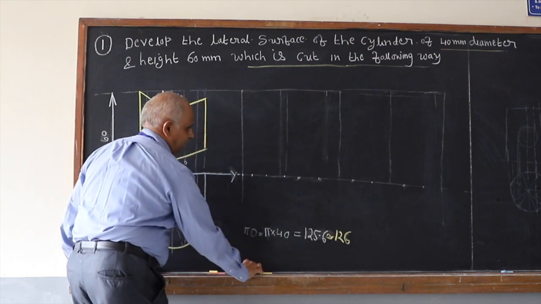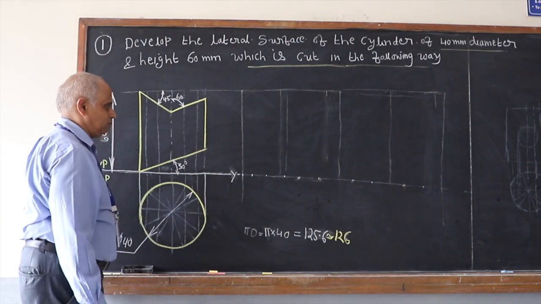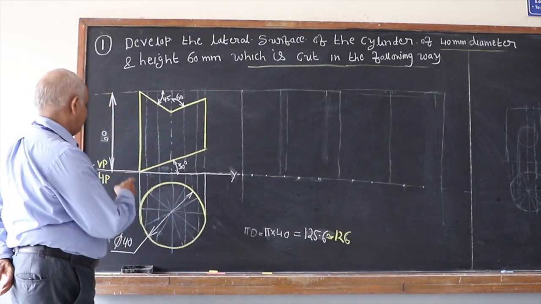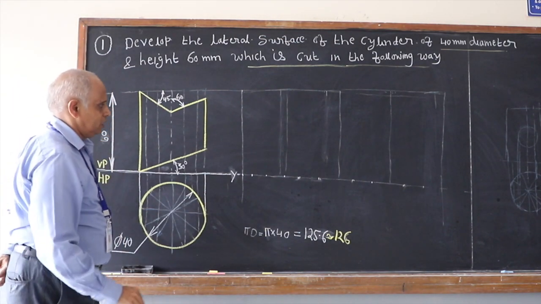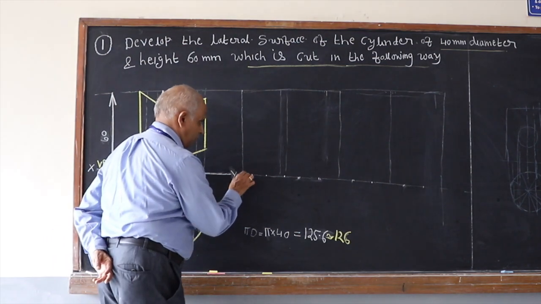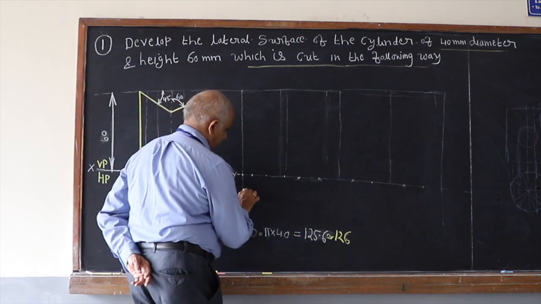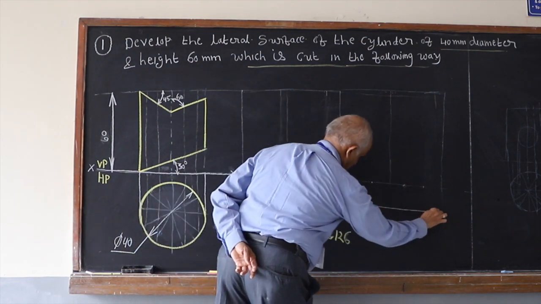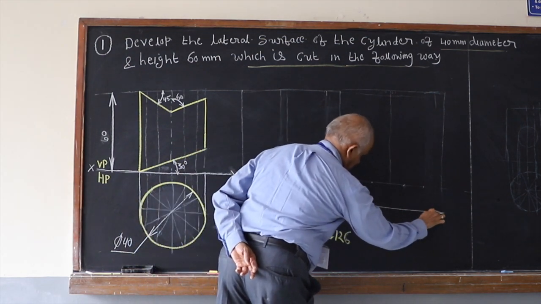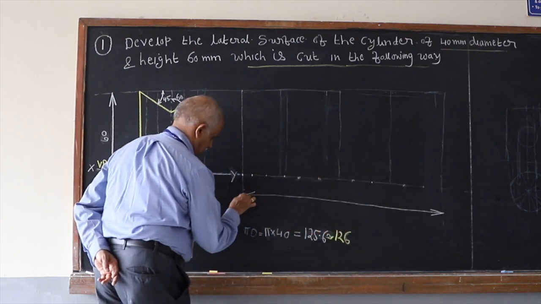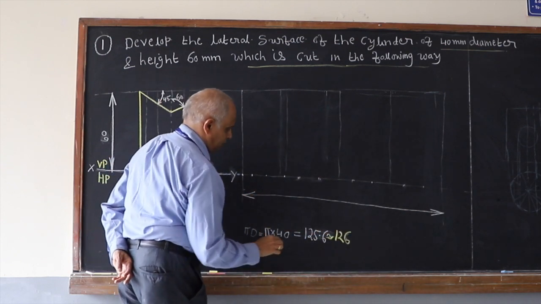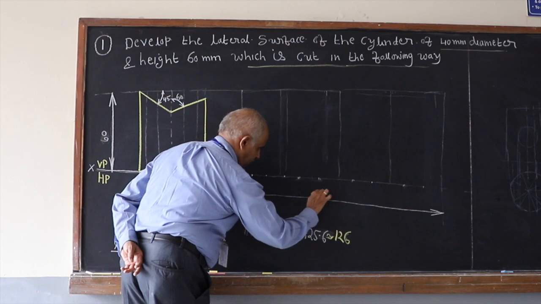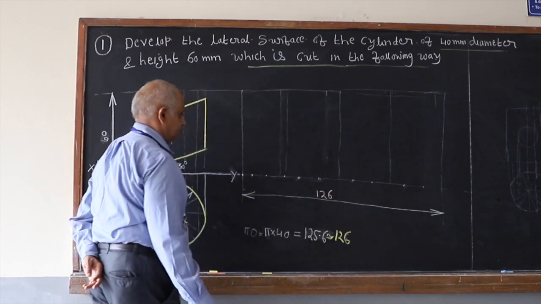So now you know the length of the development is 126 millimeters and the height of the cylinder is 60 millimeters. Therefore, take a reference point, draw a rectangle whose base is equal to the perimeter of top view, which is 126 millimeter.